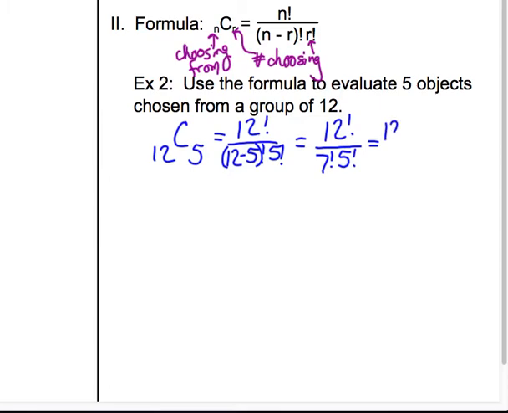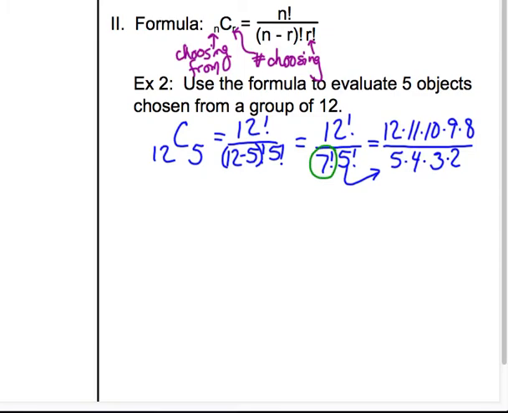So now I've got 12 times 11 times 10 times 9 times 8, and the rest of it canceled with this 7 factorial. But I still have my 5 factorial now, which is 5 times 4 times 3 times 2 times 1, of course. And you can simplify this.